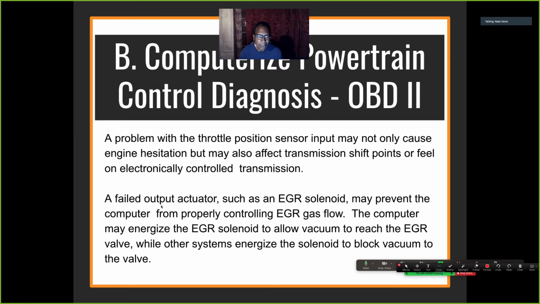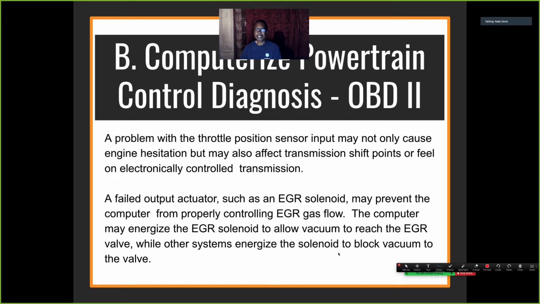A failed output actuator, such as an EGR solenoid, may prevent the computer from properly controlling EGR gas flow. The computer may energize the EGR solenoid to allow vacuum to reach the EGR valve, while other systems energize the solenoid to block vacuum to the valve.